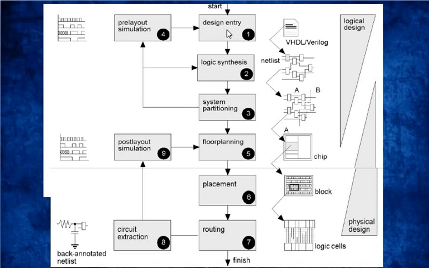HDL entry is a combination of gates plus the netlist. What is the netlist? All the data on what is required and how many gates are required. It is a combination of gates and netlist constructs, along with the functional descriptions.